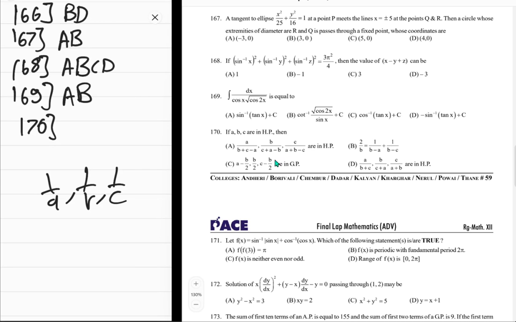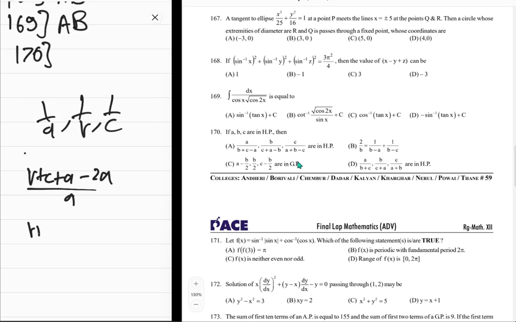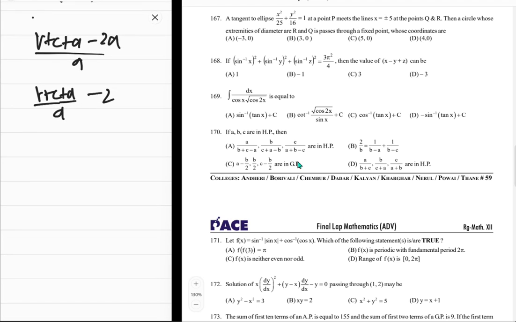What is this thing seriously? These being HP, well that actually just means that B plus C minus A upon, yeah, so it's actually very doable because it's just B plus C plus A minus 2A upon A, and then that becomes B plus C plus A upon A minus 2, and then we can manipulate this thing to get it done.